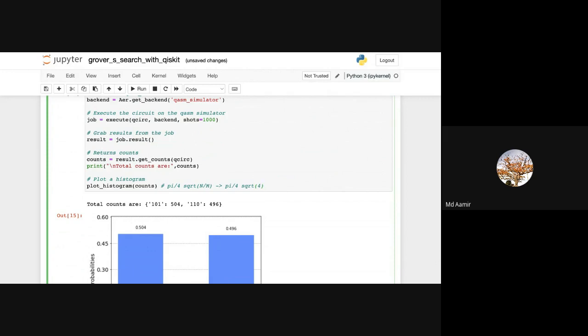This is similar to the 2-qubit case with one solution. So that's why we need only one iteration, similar to the 2-qubit case with one solution.